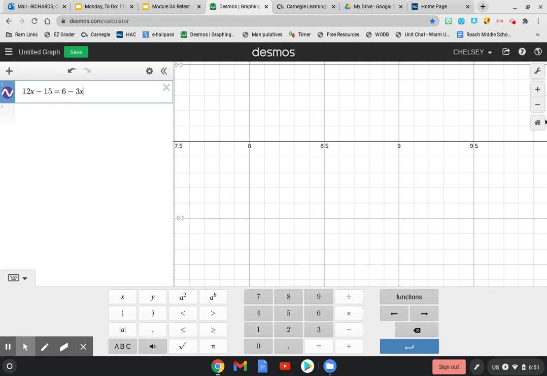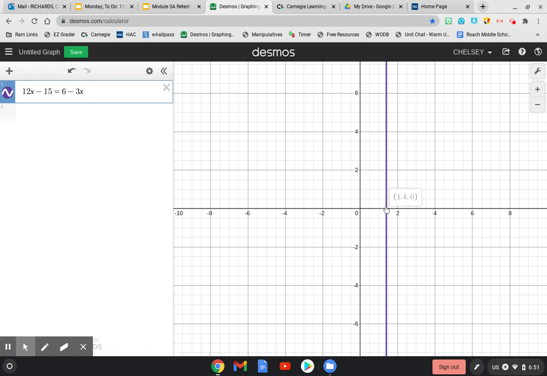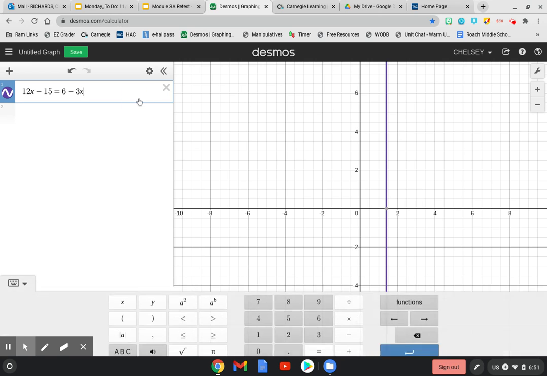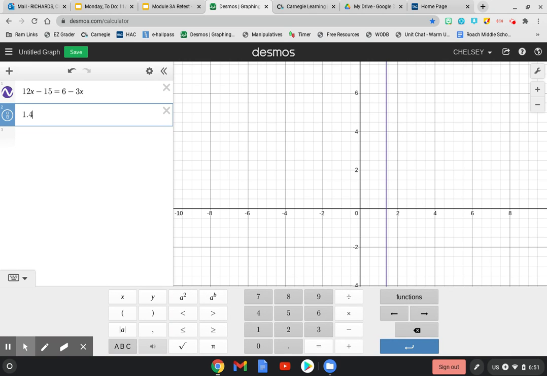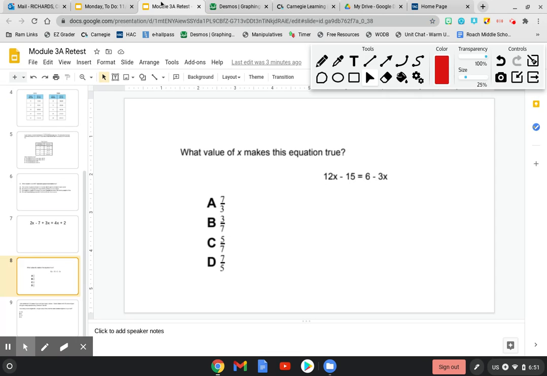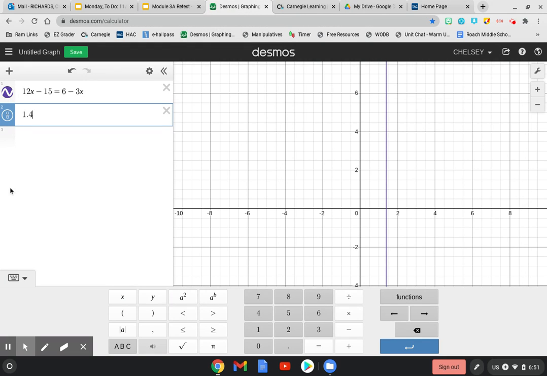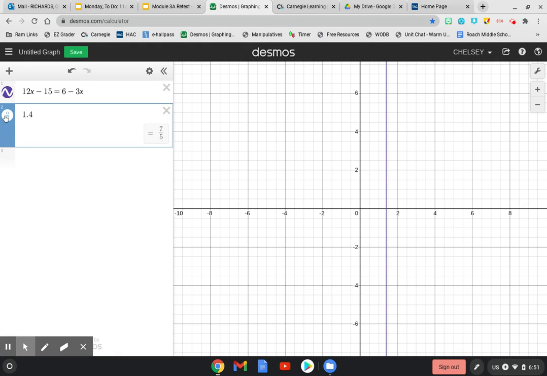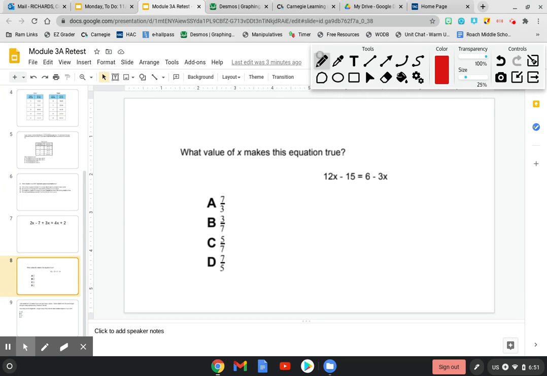And you can see where this crosses, and it says 1.4 and 0. Well, what is 1.4? Because all of my answers here were fractions. When you're looking here, remember we push this button, it becomes a fraction. So you can find your answer is 7/5, just like that. You can see that it's a D.